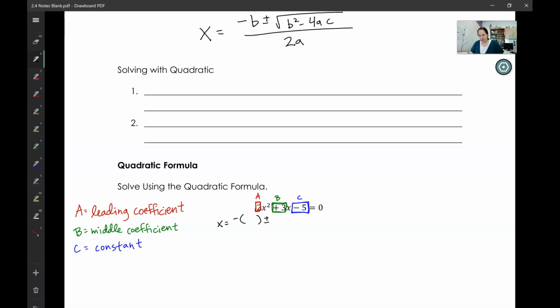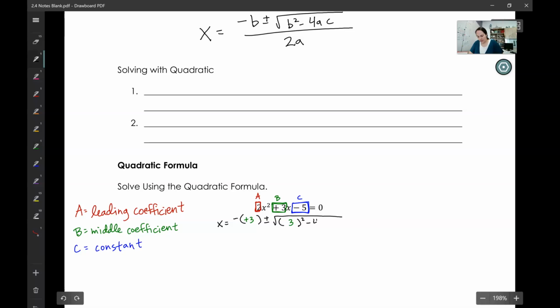So negative b, parentheses, and for this one it's going to be a positive 3, square root of b squared, so there's another b, so I'm going to have parentheses, and I'm going to put my b in there. Now I put a positive in front of it here, but I didn't here. With positives, you're okay to leave positive signs off. If it's a negative sign, never leave it off. Make sure you carry it with it.